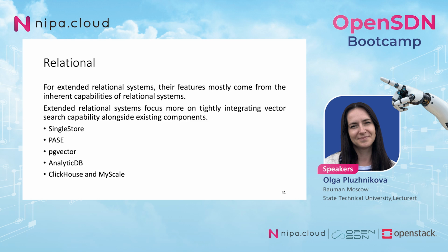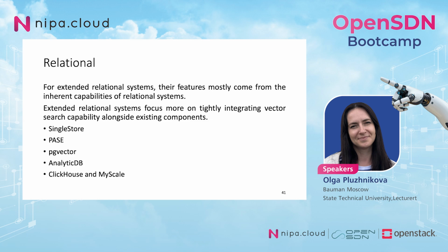Otherwise, exact brute force scan is used. Plan selection is performed by the existing PostgreSQL query optimizer. And other features such as replication, fault tolerance, access controls, and so on are provided by PostgreSQL.